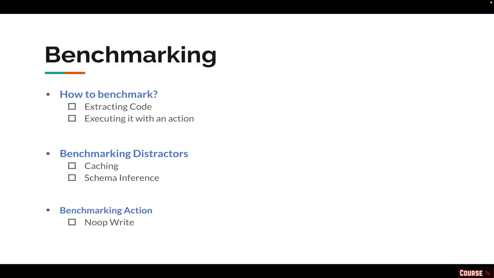Spark will not write the data into storage, but it will simulate the write in order to produce the metrics. It is very helpful for benchmarking experiments because it is the most consistent action, and Spark has specifically designed noop write for benchmarking purposes. That is why we will use noop write as our benchmarking action.